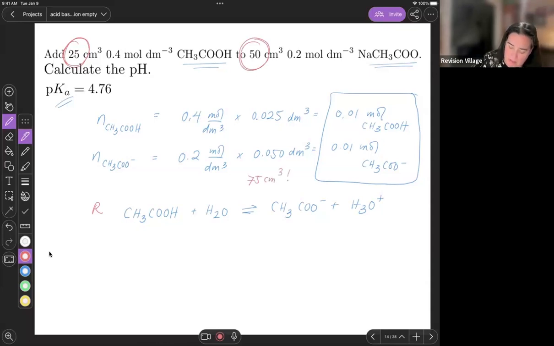In other words, the concentration initially of the acid is going to be 0.01 moles divided by 0.075 dm cubed. I still don't care about water because it's still a liquid, so it doesn't appear in my equilibrium constant expression. But I do care about the conjugate base. Its concentration is also 0.01 divided by 0.075.